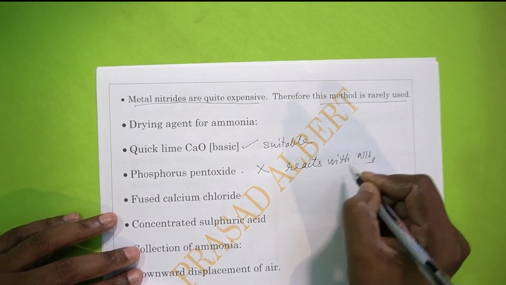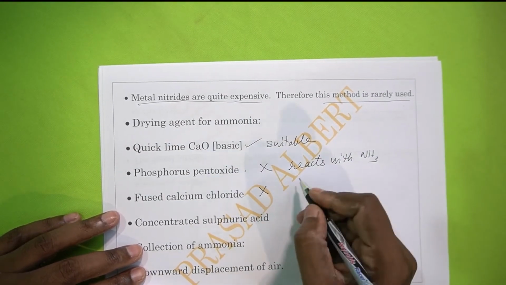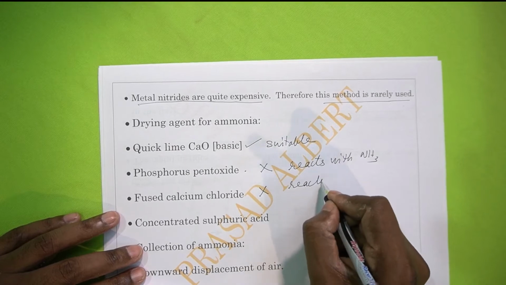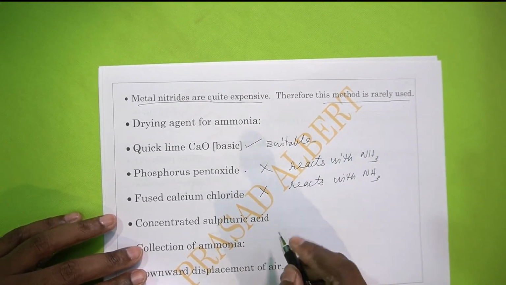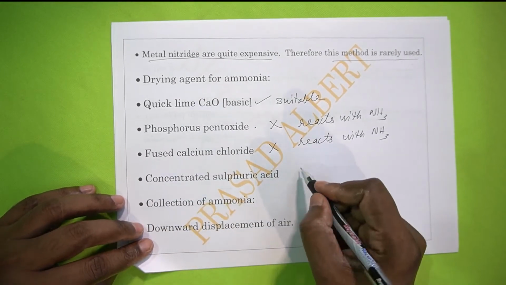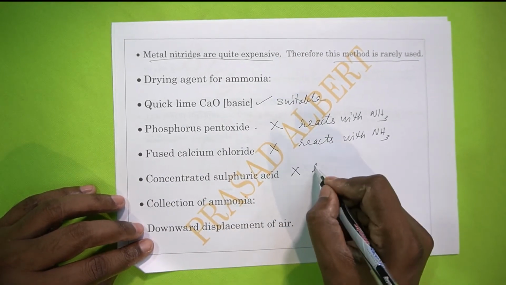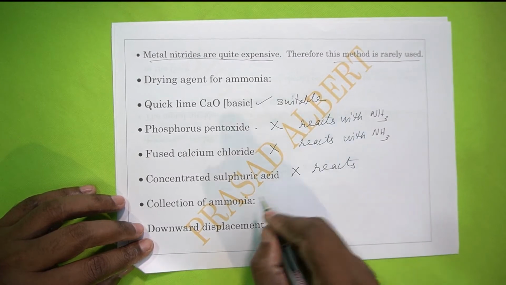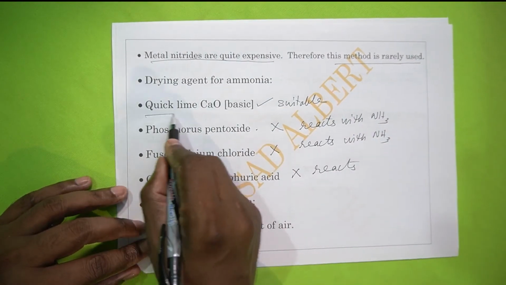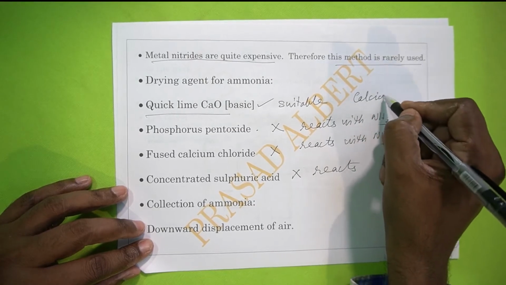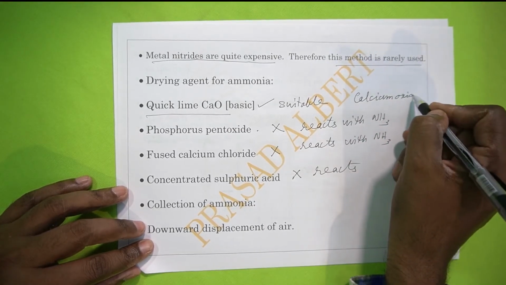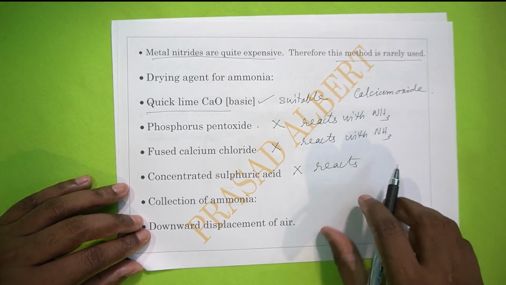Fused calcium chloride cannot be used, it also reacts with ammonia. Concentrated sulfuric acid is an acid, it reacts with alkali ammonia, so it cannot be used. The only suitable drying agent is quicklime, calcium oxide, which is basic and does not react with ammonia. It will absorb the moisture.